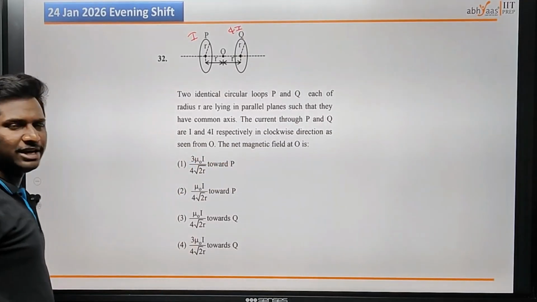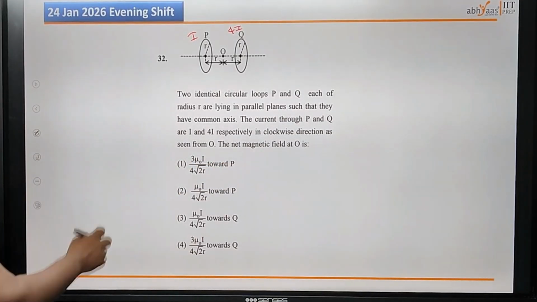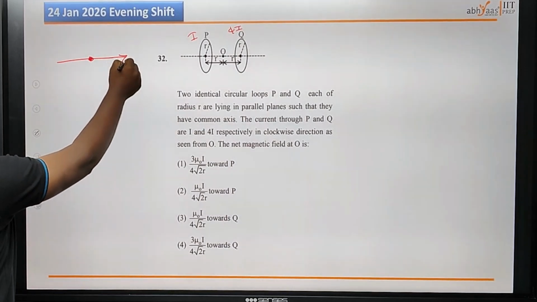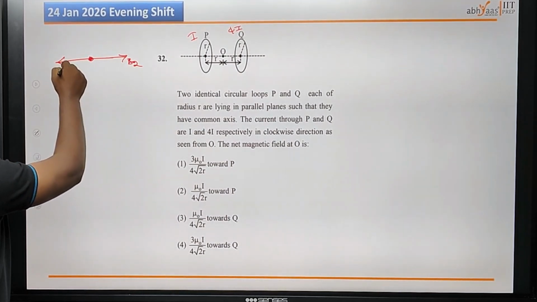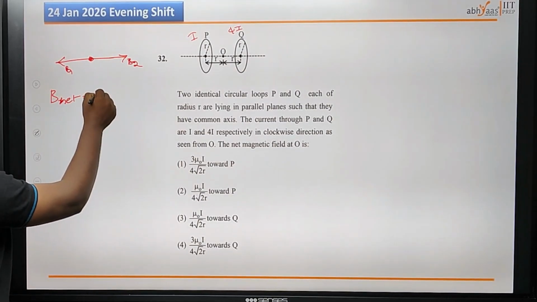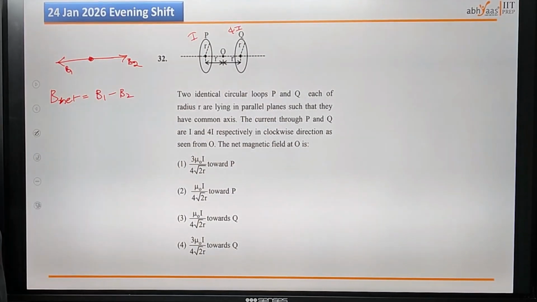The net magnetic field at O. See here, this is B2, take this B1. So B net can be written as B1 minus B2.